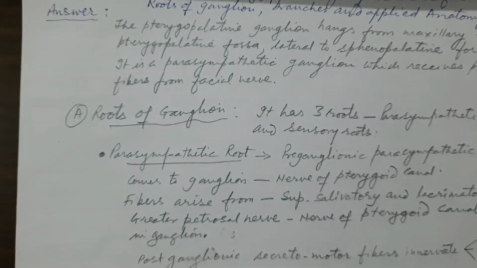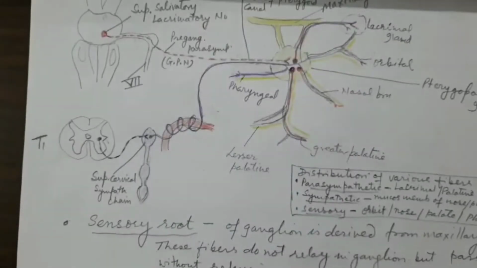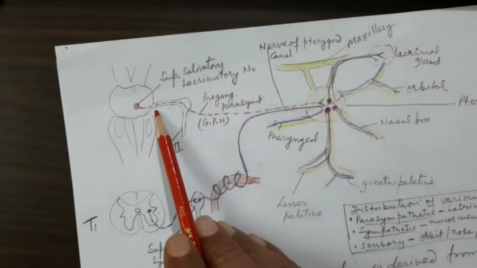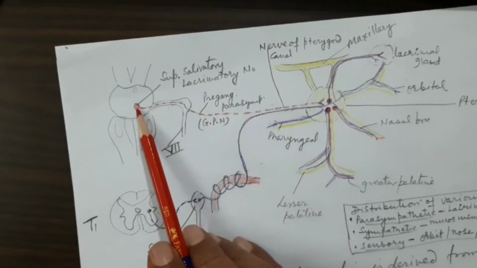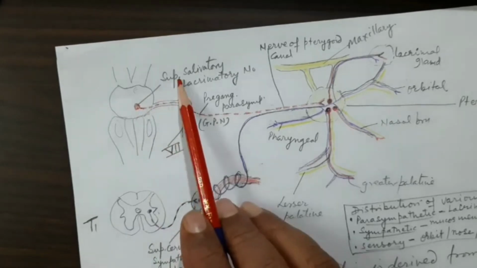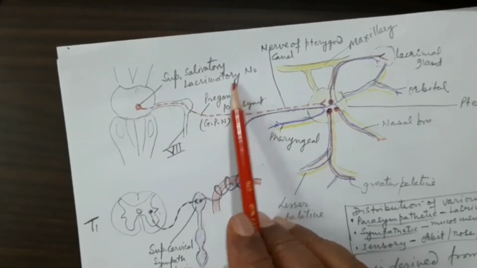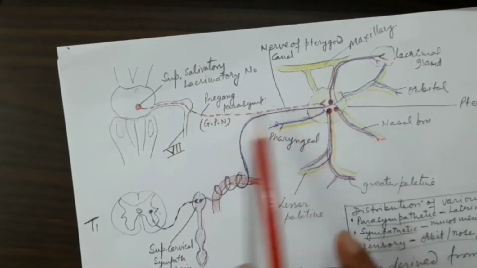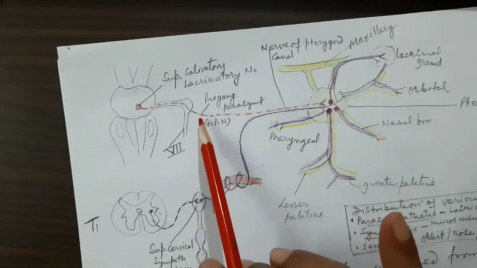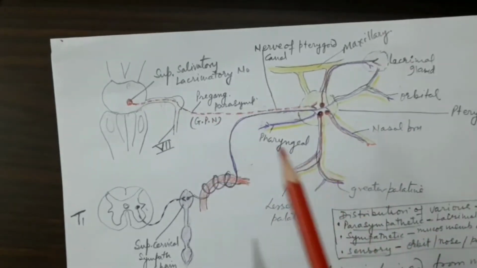The preganglionic parasympathetic fibers come to the ganglion. The red dotted line is the preganglionic parasympathetic fibers, which arise from a nucleus called the superior salivatory nucleus or the lacrimatory nucleus, because one of the glands supplied by these fibers is the lacrimal gland.